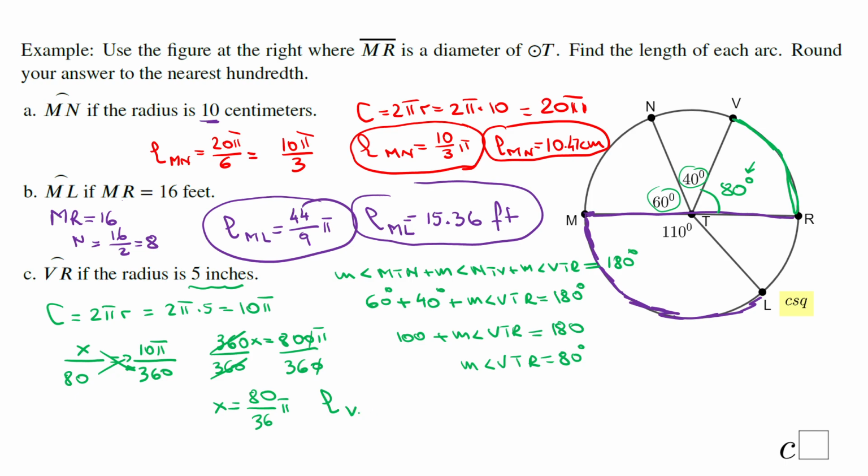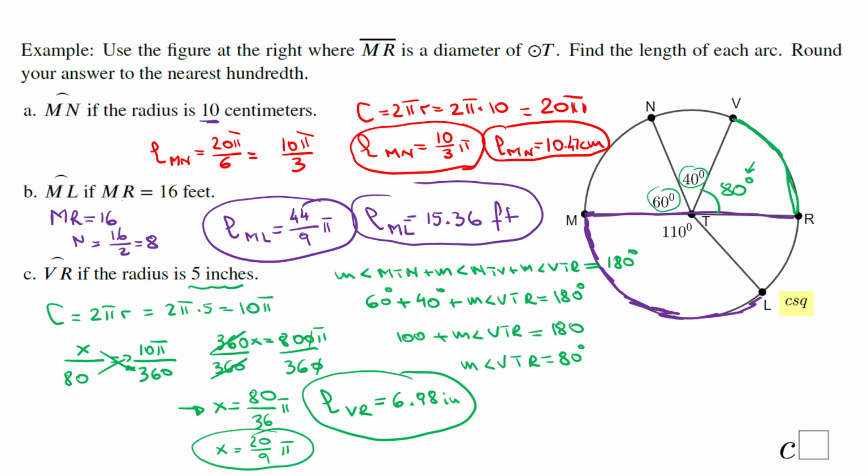Length of arc VR will be 80 times pi divided by 36, and I have 6.98. And we have inches here. Okay, this answer, by the way, can be simplified in case you need it, dividing by 4, that will be 20 over 9 pi also.